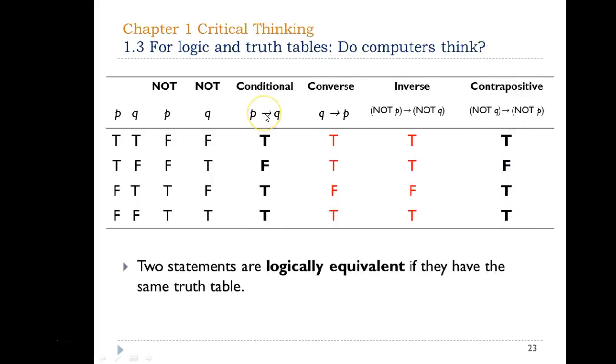So P implies Q is equivalent to not Q implies not P. The converse and inverse are also equivalent. So Q implies P is equivalent to not P implies not Q. Two statements are logically equivalent if they have the same truth table.